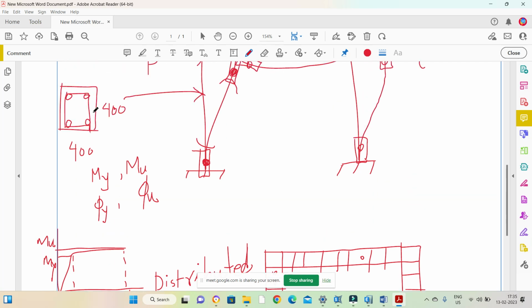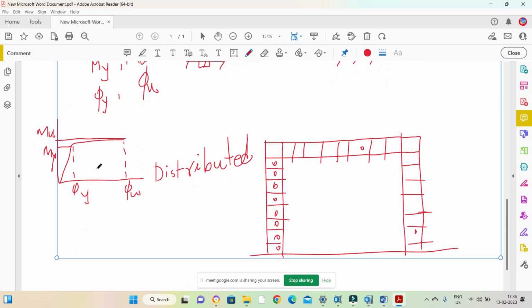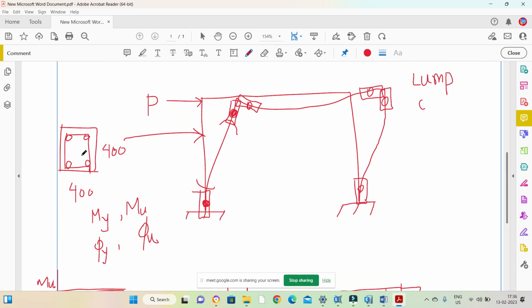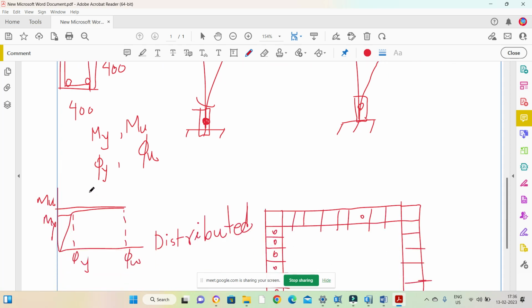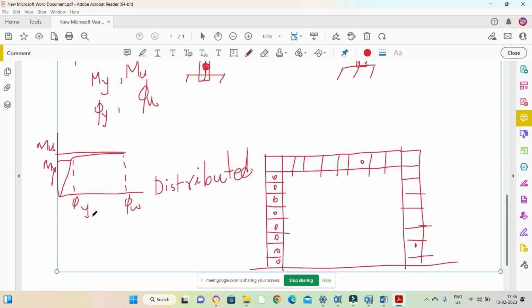It means a 400 by 400 section with 4 reinforcement bars will have a fixed nature. Whether you provide it at the top story, the bottom story, or an intermediate story, the capacity is not going to change, it will remain the same.